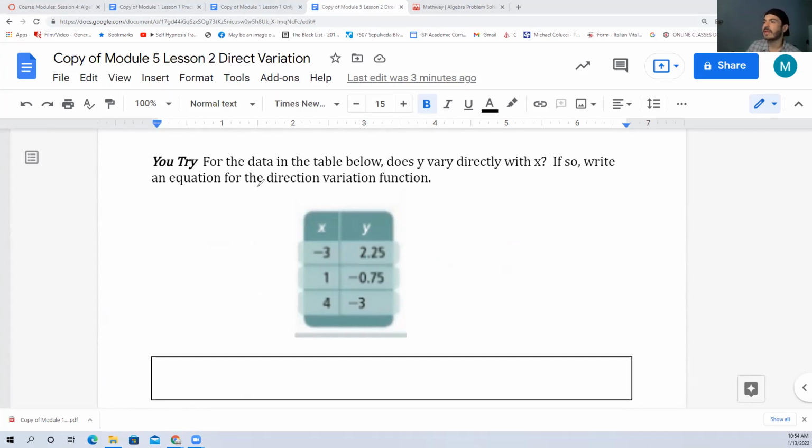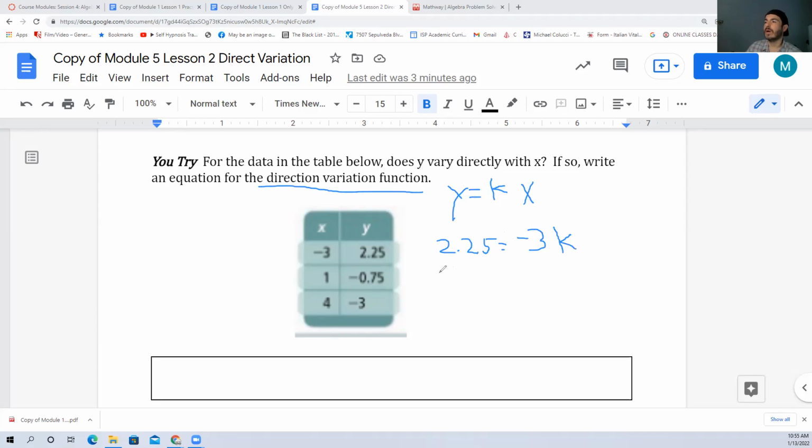If this is a direct variation function, that means that y is going to equal some constant k times x, which means that 2.25 needs to equal -3. I'm just going to switch my k and my x so that it makes a little bit more sense, times k.